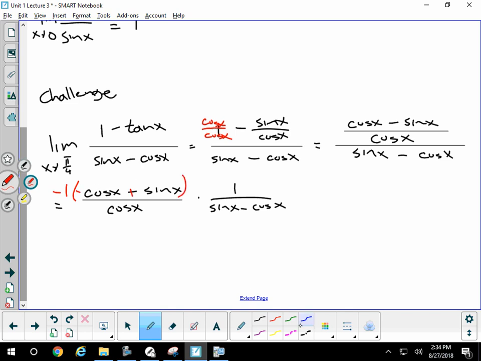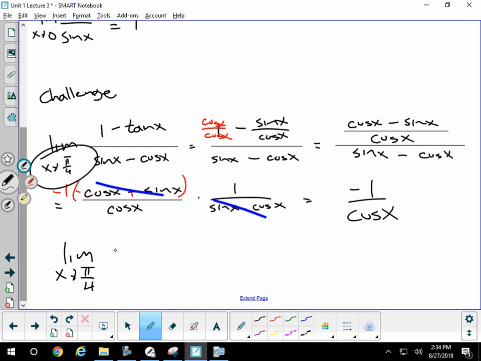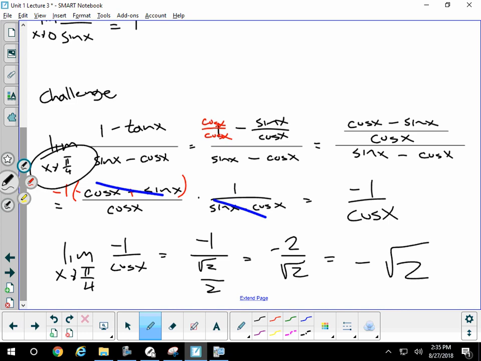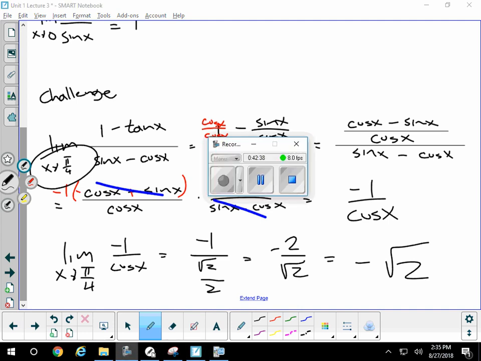It allows us to cancel that and that, leaving us with -1 over cos x. Now I'm not plugging in 0. I'm plugging in pi over 4. -1 over root 2 over 2, which is -2 over root 2, which is totally fine if you leave. You multiply the top and bottom by root 2, you get 2 root 2 over 2, which is just -root 2. All right, now you got something to do for me.